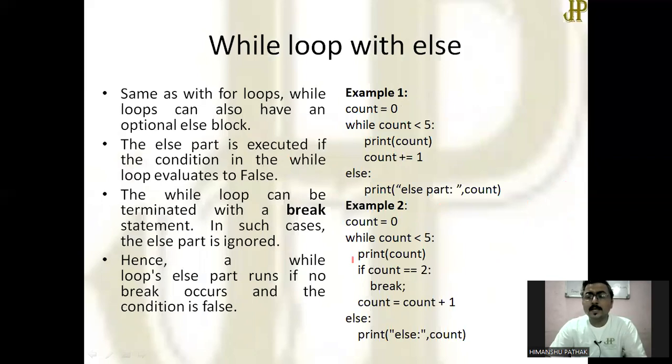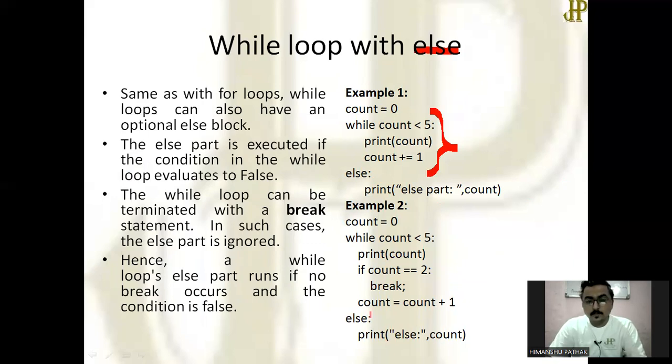Again, just like the for loop, there is an else functionality with the while loop also. The rule is the same. The else part will be executed only when all the sequence of the while loop is executed without quitting forcefully.